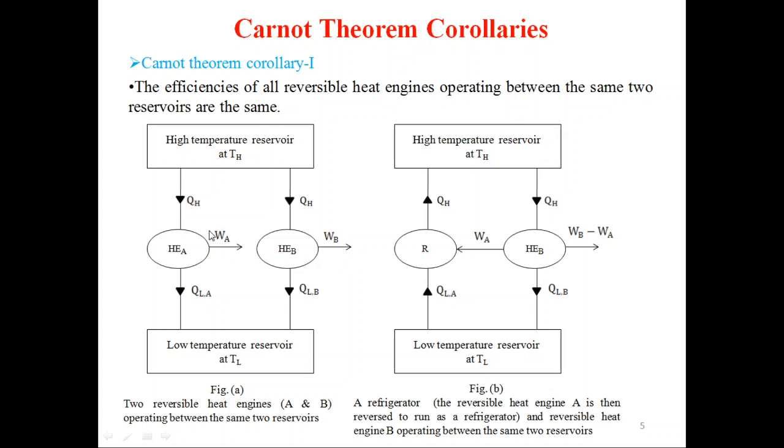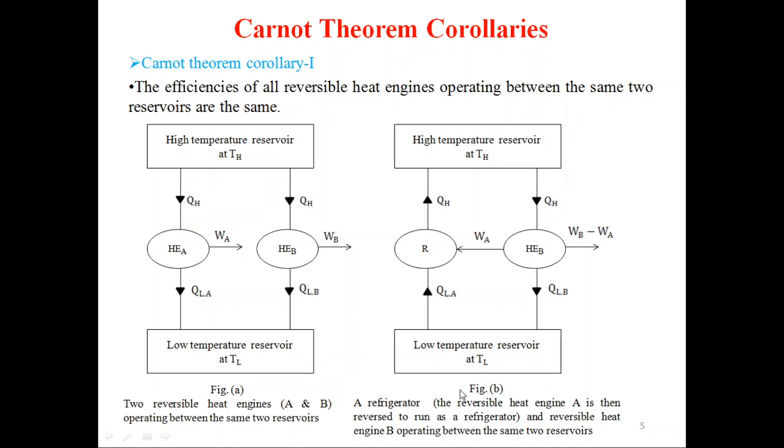First heat engine is supplied with QH amount of heat, second is supplied with the same QH amount of heat. Now first heat engine is ejecting QLA amount of heat to the low temperature reservoir, and the second heat engine is ejecting QLB amount of heat to the low temperature reservoir.